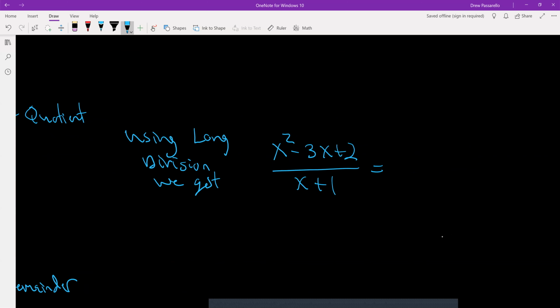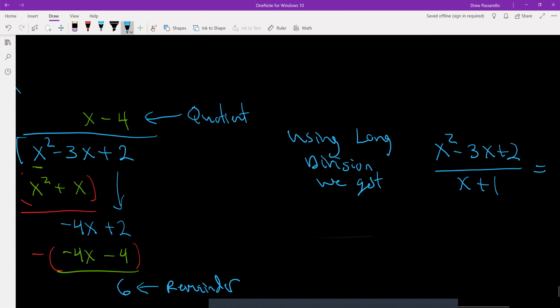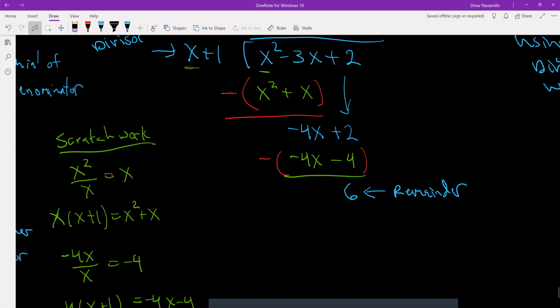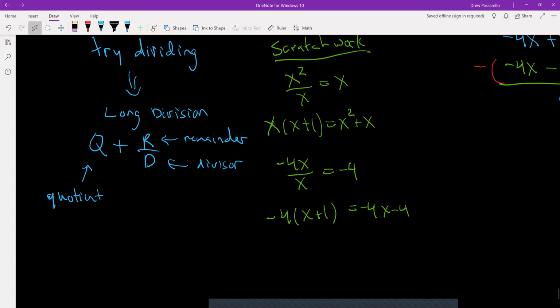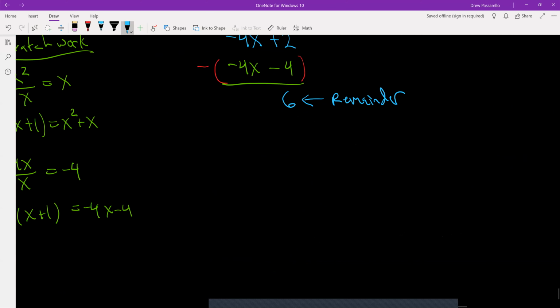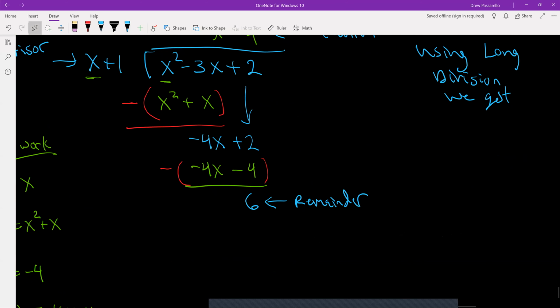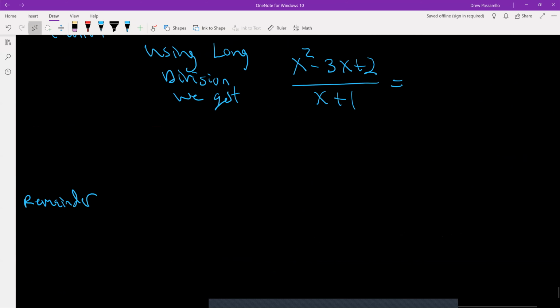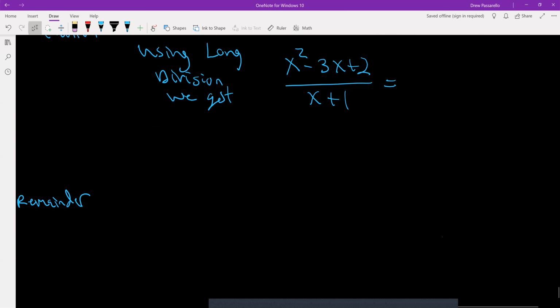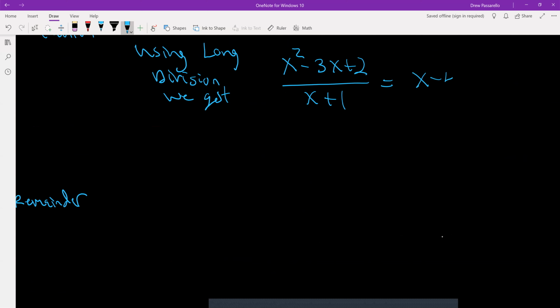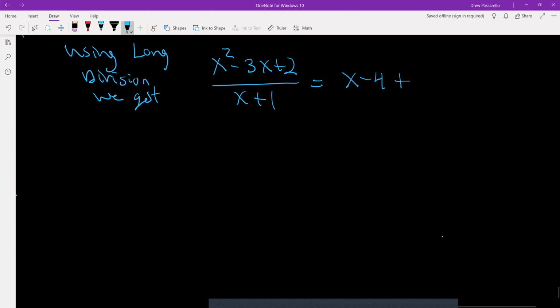So that's going to be equal to the quotient. Our result from doing long division is always going to have this format: quotient plus remainder over divisor. Our quotient was x minus 4. Our remainder was 6. And then the divisor was x plus 1.